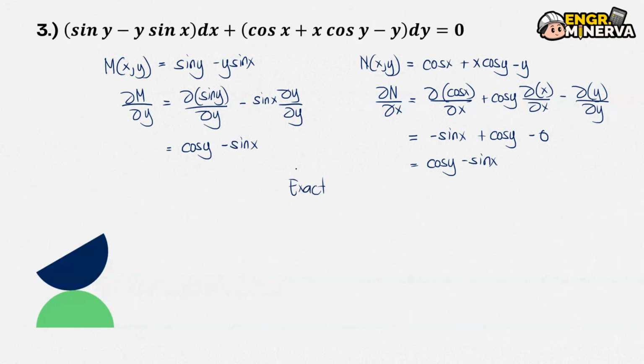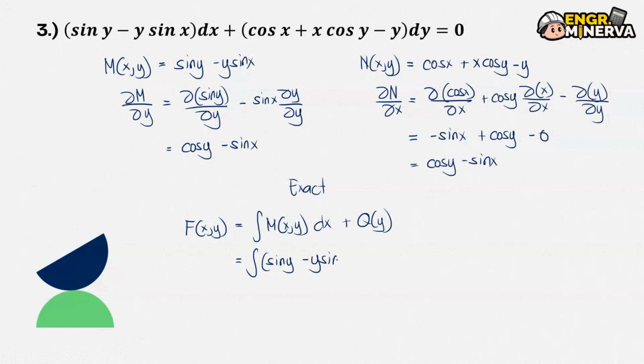Since it is exact, we can now solve for our solution. That would be the function f of x and y equals the integral of M as a function of x and y dx plus a function of y. So our M is sine y minus y sine x dx plus q of y.